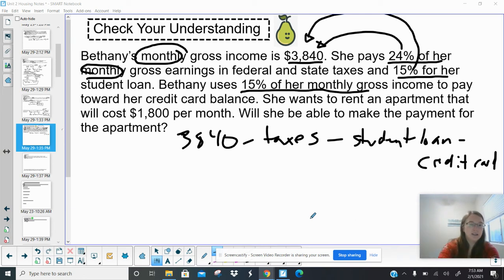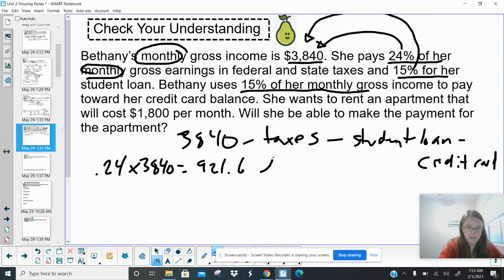Okay, so taxes are 0.24, that's 24%, times her monthly income. This is taxes, 0.24 times 3840. So taxes is 921.6. For her student loan is 15%, so 0.15 times 3840.